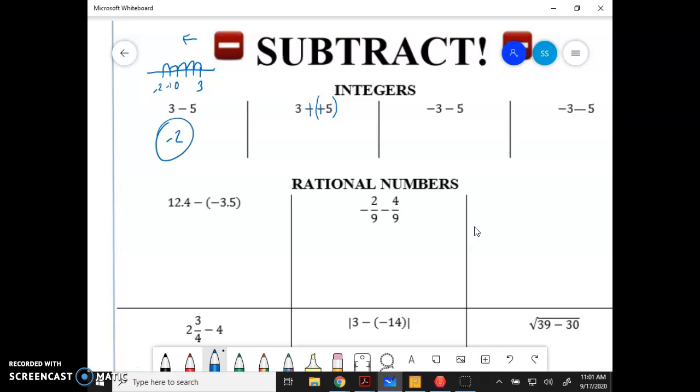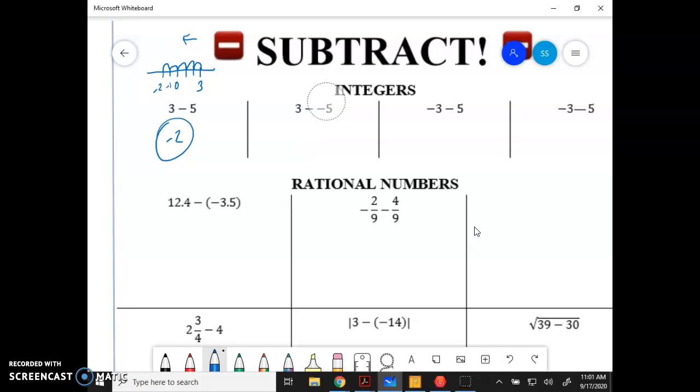Subtracting a negative is the same as adding a positive. You can think about this two different ways. We're just going to change the signs, or you can think about this as -1, and then you distribute it, and -1 times -5 becomes +5, so then you're just left with 3 plus 5.